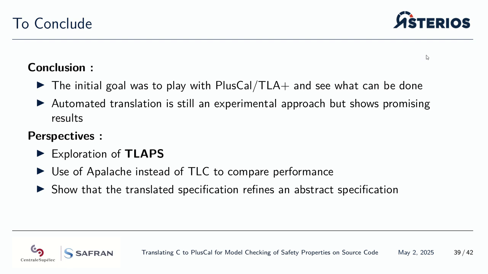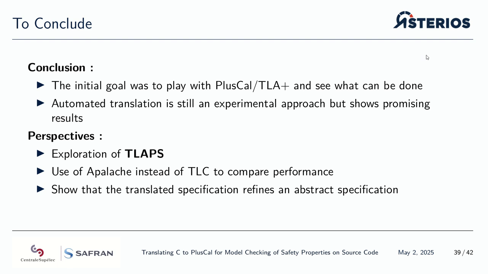And for the perspectives of the project, we didn't at the moment explore the use of TLAPS on the translated specifications to make some real proofs on the source code. Also, we only used TLC as the model checker, and we didn't try to use Apalache, to compare, for example, the performance with TLC. Maybe it could be better for us.